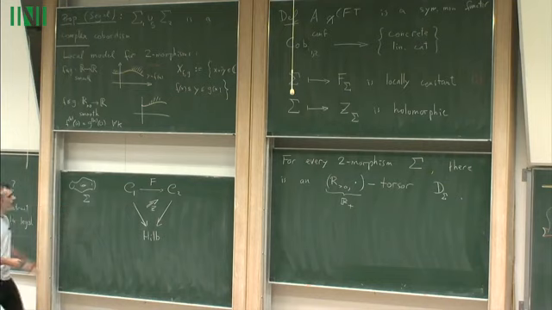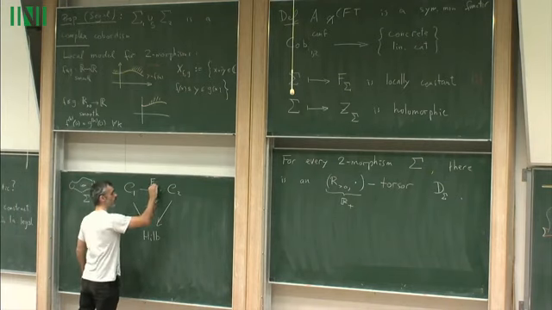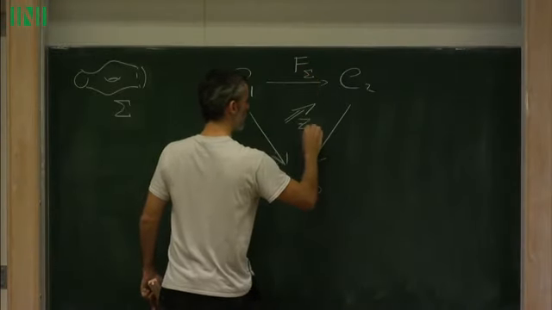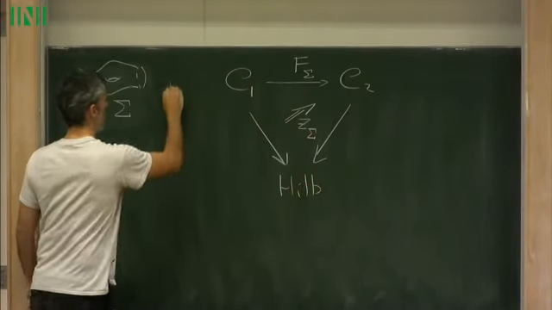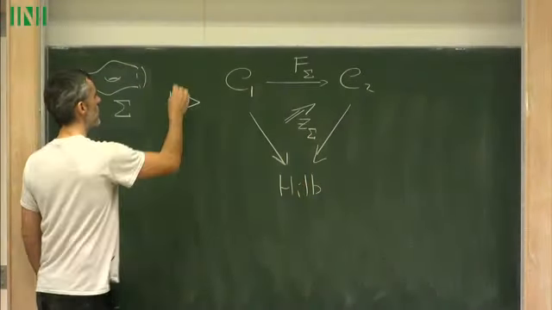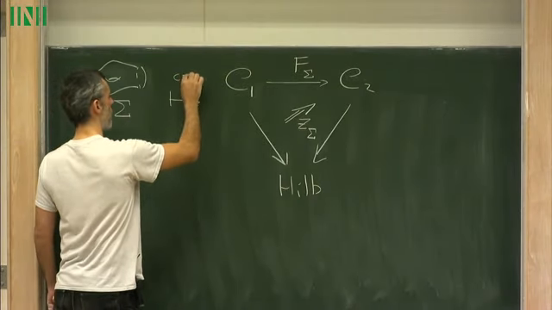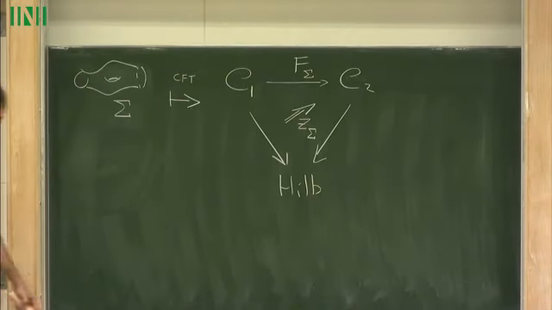If I fix sigma, then I have a corresponding, or one expects to have a corresponding F sigma and Z sigma. The CFT should provide such a thing.